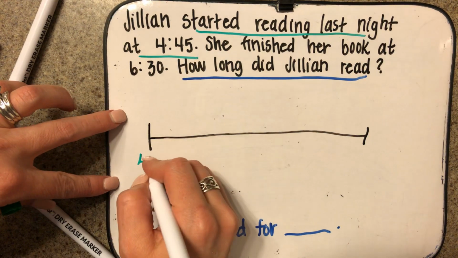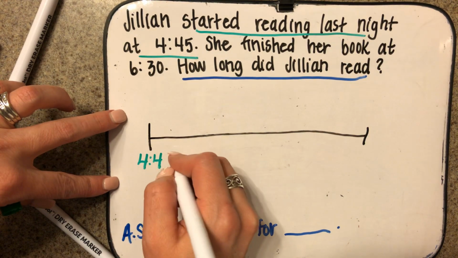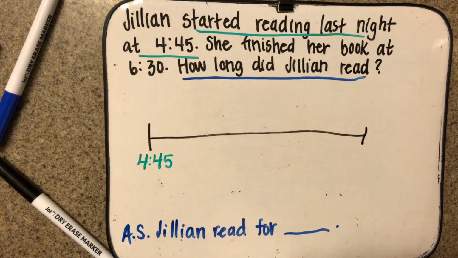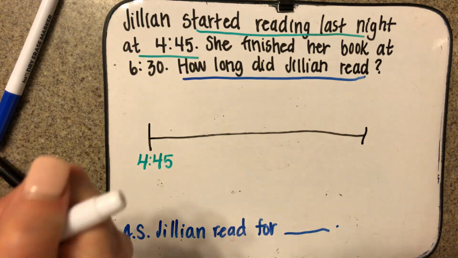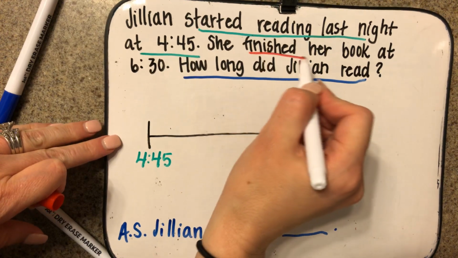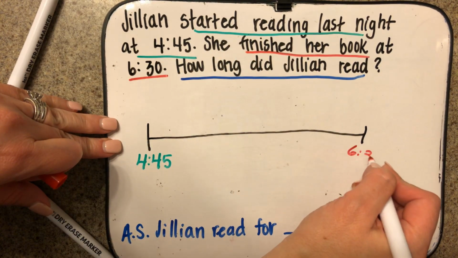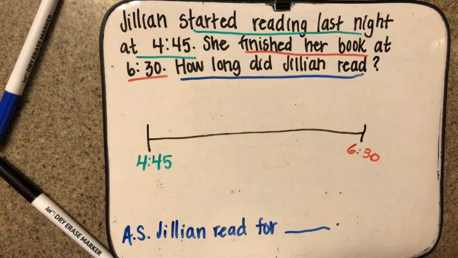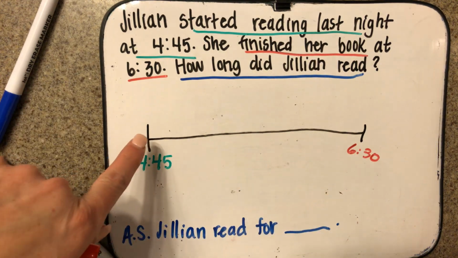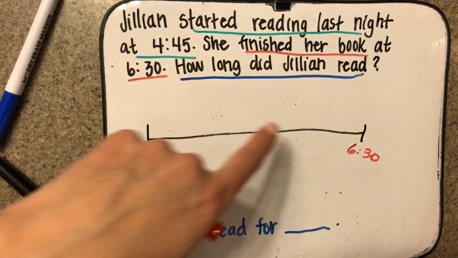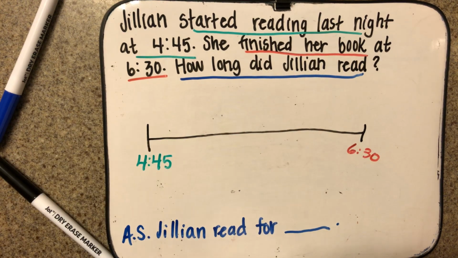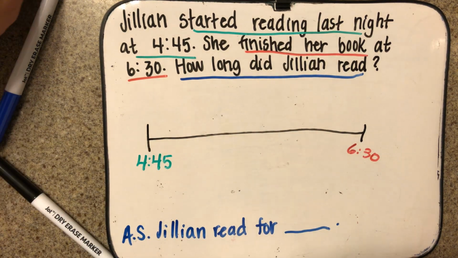So I can label that on this side of my number line. And I know that she finished her book at 6:30. So that is going to be my ending time. So now that I have both of those, I know that I'm finding the length of time in between these two events. So now we're going to make our jumps on our number line.